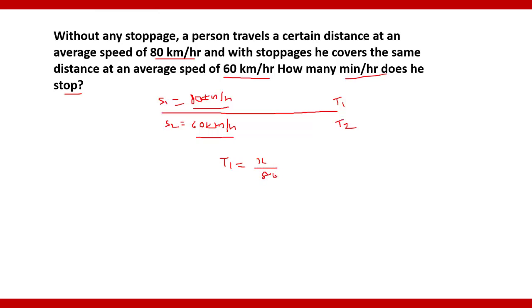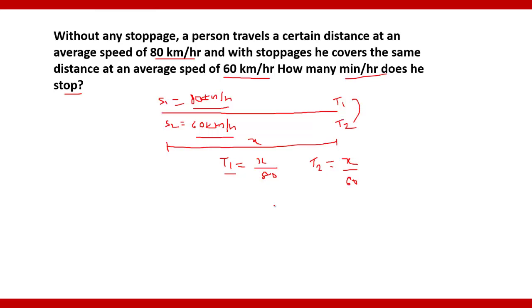T1 is equal to X by 80 and T2 is equal to X by 60. Here X is the total distance. So distance upon speed is equal to time.